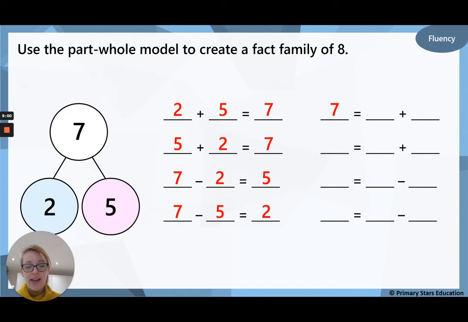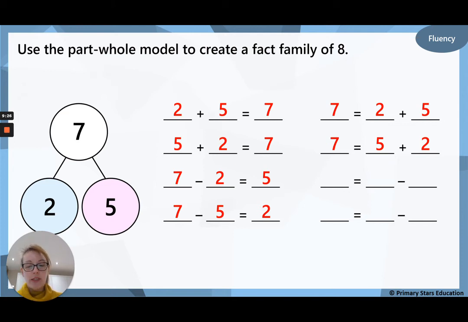So we could write 7 is equal to 2 plus 5. Well done if you said that. Let's have a look at the next one. So here we've got 5 plus 2 equals 7. So if we were to swap that whole number sentence around, we would get 7 is equal to 5 plus 2. Well done.